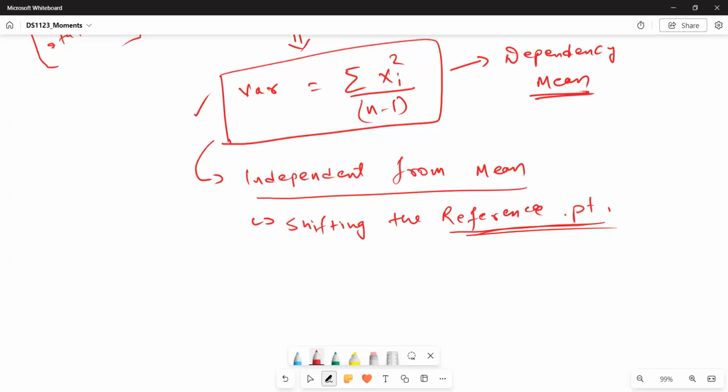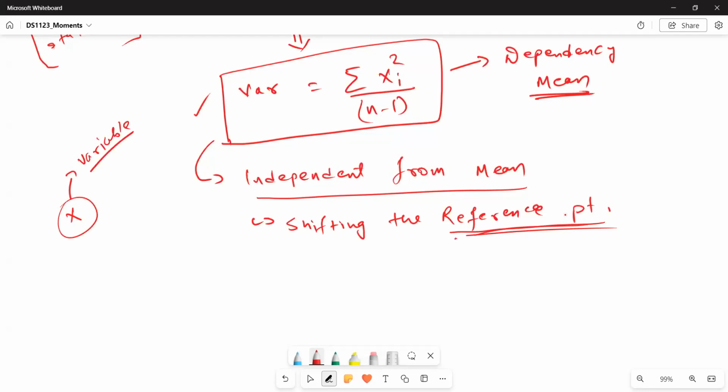You need to understand that x itself is a variable, so how can this be used as a reference? This point itself is a variable, which can hold different values at different times based on the data.